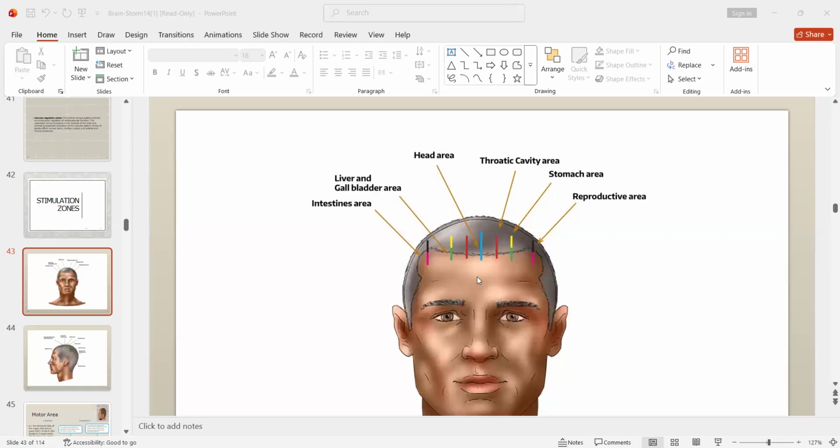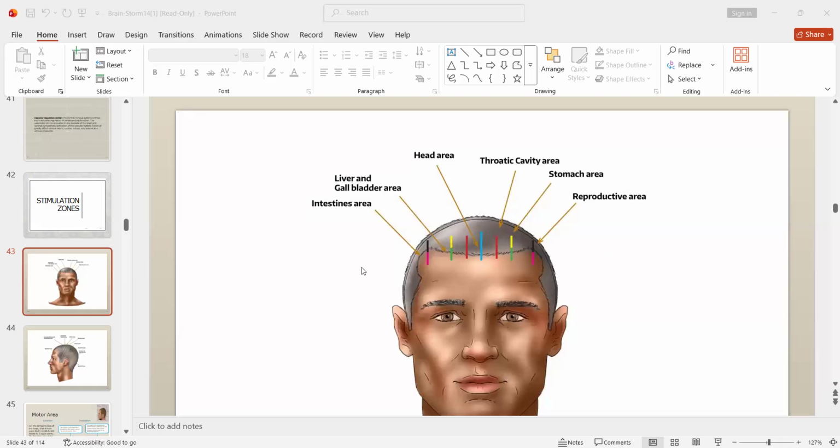Okay. Then the second point is the stomach area. The stomach area is directly above the pupil of the eyes, above the center of the eyes, and it is a 2 centimeter line up from the hairline.